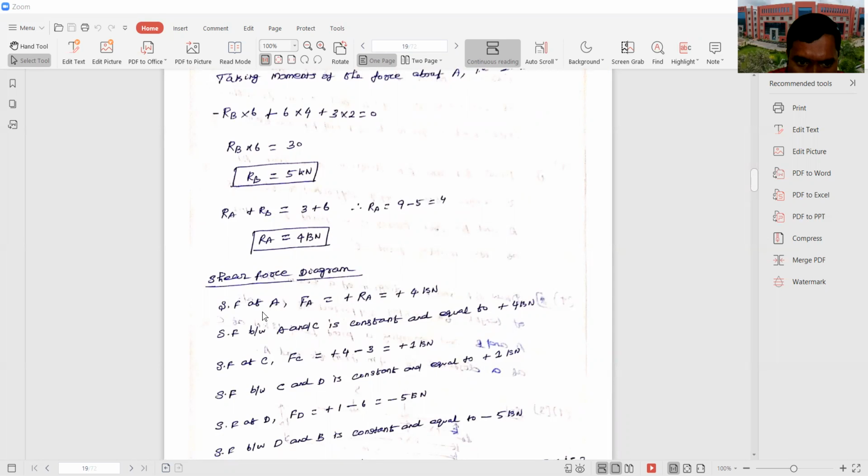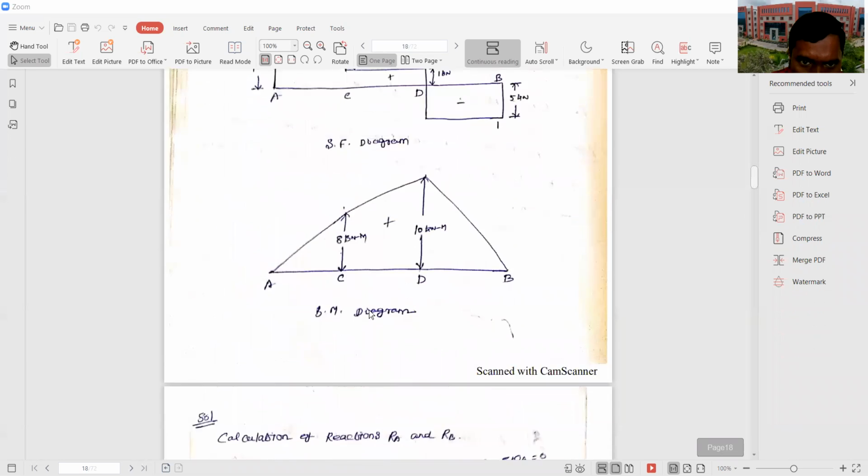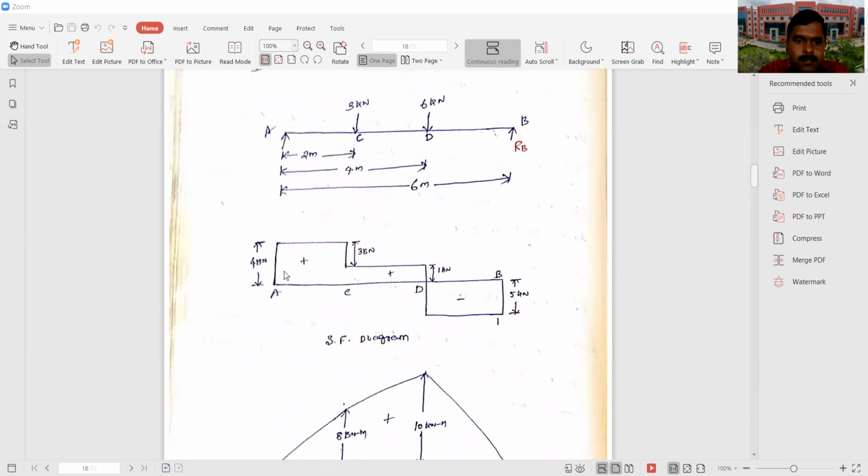Now we can see the shear force at A. The shear force at A is 4 kilonewton, which is nothing but the RA reaction. RA is 4 kilonewton upward, so positive 4 kilonewton.